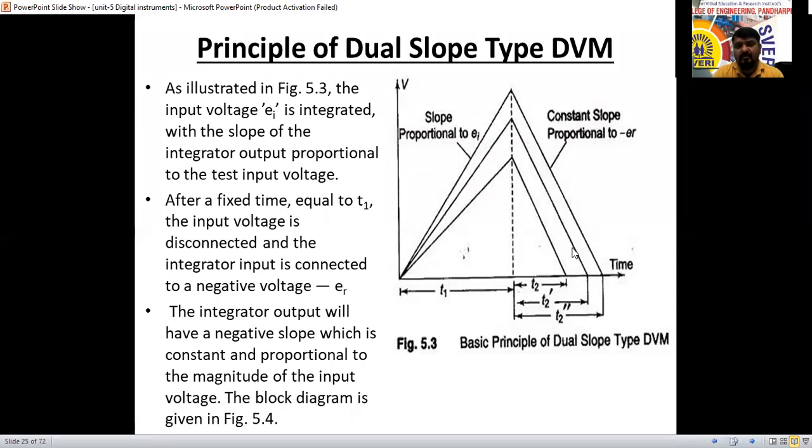As illustrated in this figure, the input voltage EI is integrated and compared with the reference value.